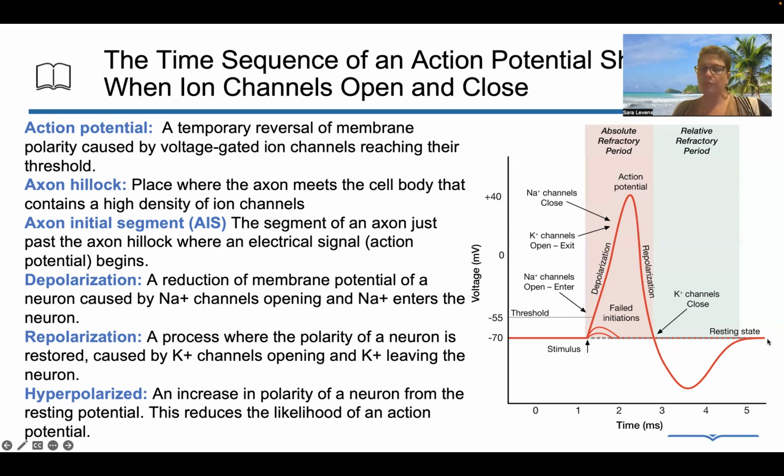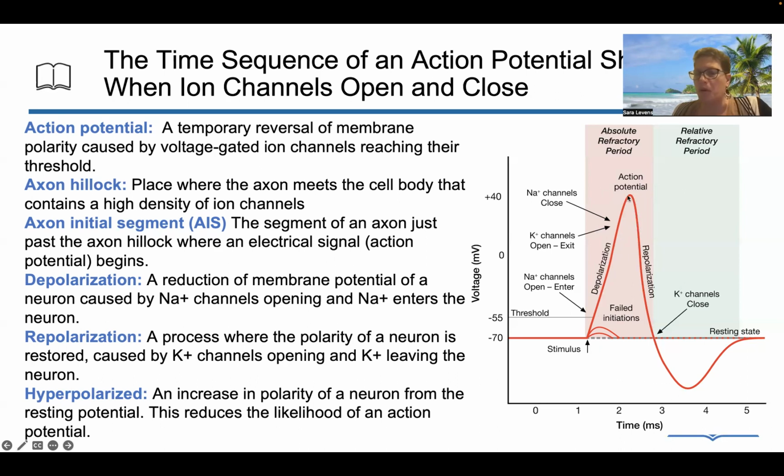And so along this process, you have the sodium channels open, then the depolarization occurs. Once you get up here, you have different voltage channels. At this point, the potassium channels open, and potassium starts to exit the cell, and the sodium channels close, so no more sodium is reaching the cell.